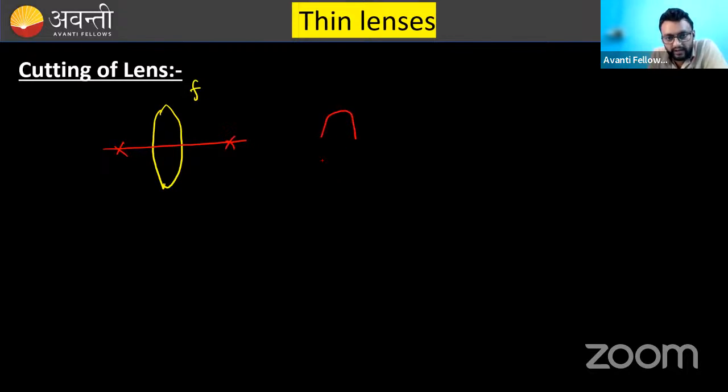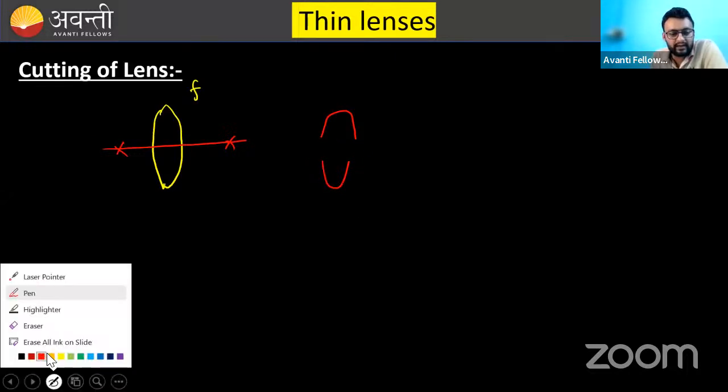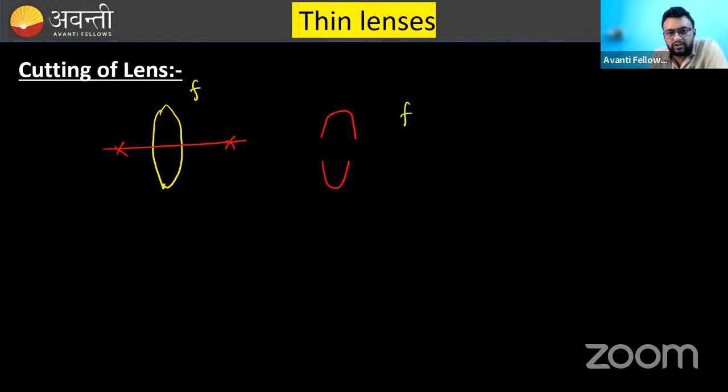I am not an expert in drawing. So two pieces. These two pieces will have the same focal length as the original lens. So what is the thing to remember?